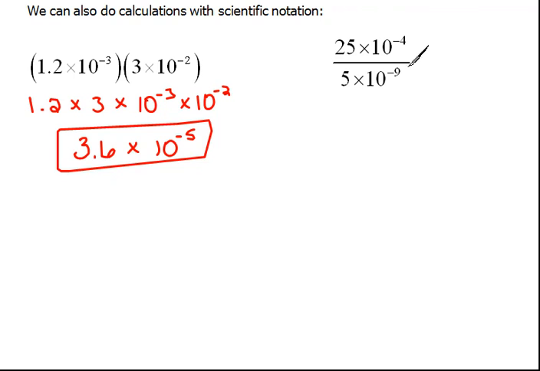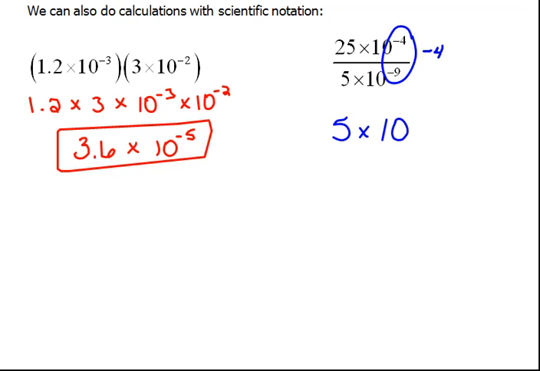When we're dividing or have a gigantic fraction here, we can really do the same exact thing. We can look at our numbers first. 25 divided by 5 would be 5 times. Here we have dividing like bases again, so we're supposed to subtract the exponents. So that's going to be 10 to the, if you need to do this out to the side, go ahead and do that so you don't get this incorrect.